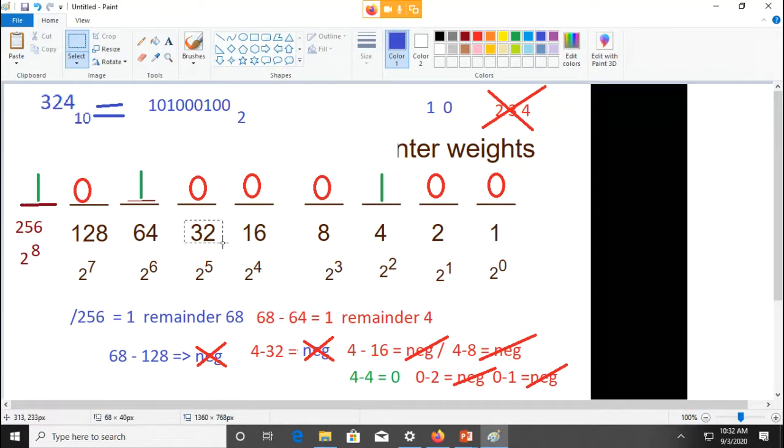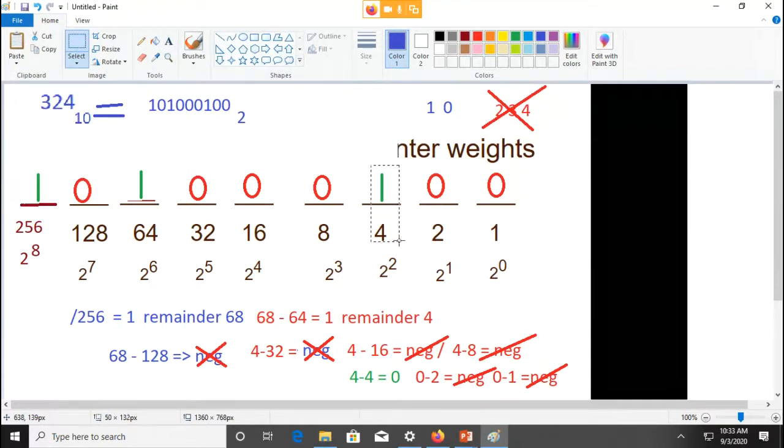Then with the remainder of 4, we tried to subtract 32 from 4, and that gave us a negative. We tried to subtract 16 from 4, and it was still negative. We subtracted 8 from 4, and it was negative. So those all got zeros. Then we subtracted 4 from 4, and that gave us a 0, which is allowed, as long as it's not negative.